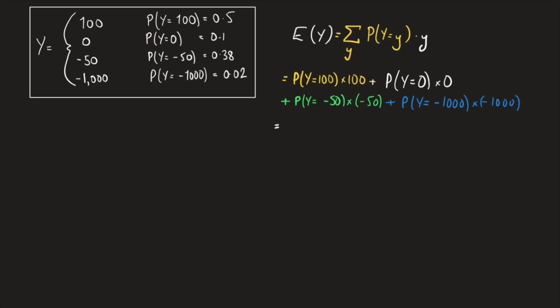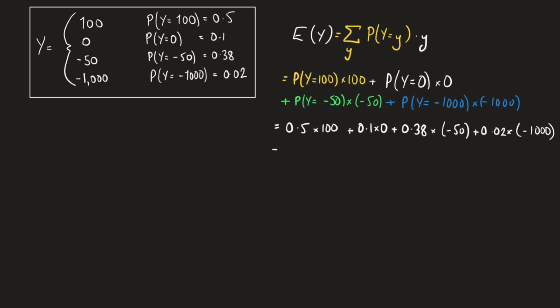Now, if we substitute in our probabilities here, the probability that y is equal to 100 is 0.5, and we'll multiply that by 100. The probability that y is equal to 0 is 0.1, and we'll multiply that by 0. The probability that y is equal to minus 50 is 0.38, and we'll multiply that by minus 50. And the probability that y is equal to minus 1000 is 0.02, and we'll multiply that by minus 1000.